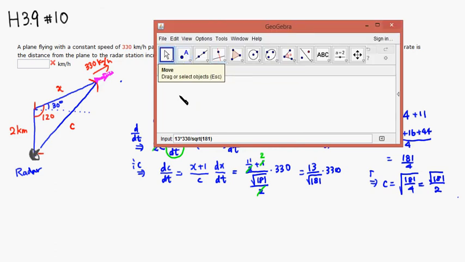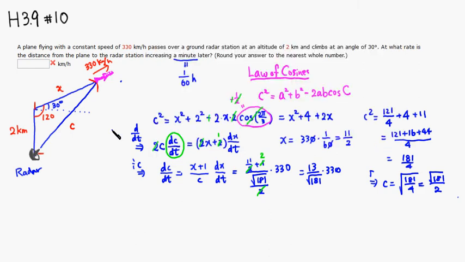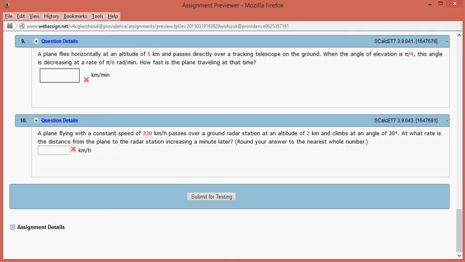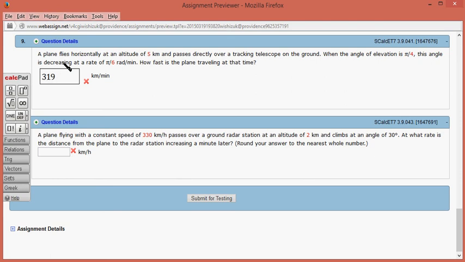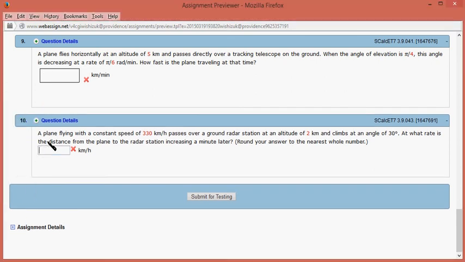So hit enter, and we got 319. So this is about 319 kilometers per hour.